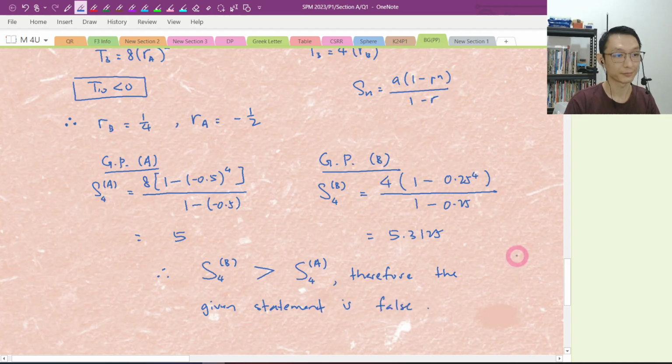Okay, maybe I change this, I add the word since: since the sum of the first 4 terms of geometric progression B is greater than the sum of the first 4 terms of geometric progression A. Okay, therefore the given statement is false.